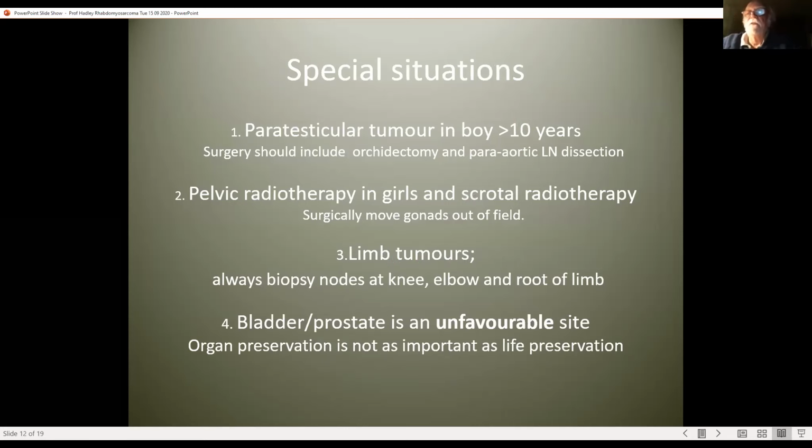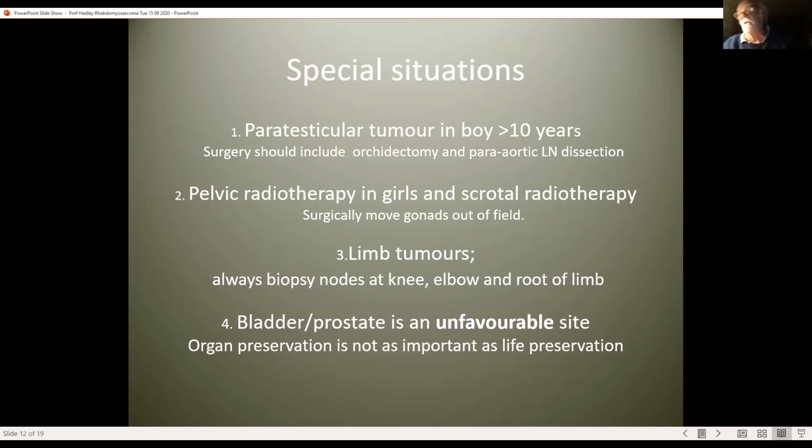There are some special situations which Dr. Jula didn't mention. The first is if you've got a paratesticular tumor in a boy over the age of 10 years, you must do an orchidectomy and you must do a para-aortic lymph node dissection. That's not a cherry picking lymph node, that's a para-aortic lymph node dissection. It improves the survival significantly. Secondly, if we're giving pelvic radiotherapy to girls, then it's important to get the other gonads out of the way.